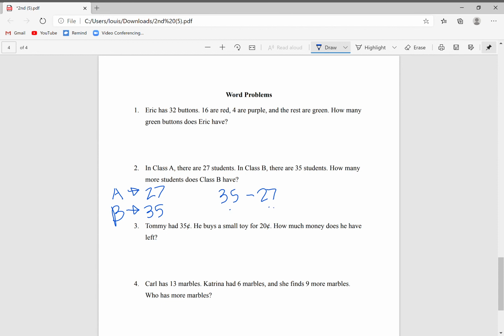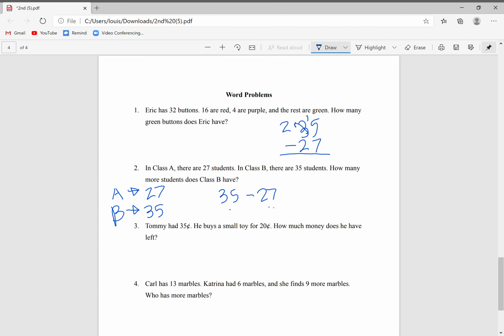So let's try this out. 35 minus 27. You would take out a 1, sorry, my bad, you would take out a 1, making it 2, and put the 1 right there. That would make it 15 minus 7.